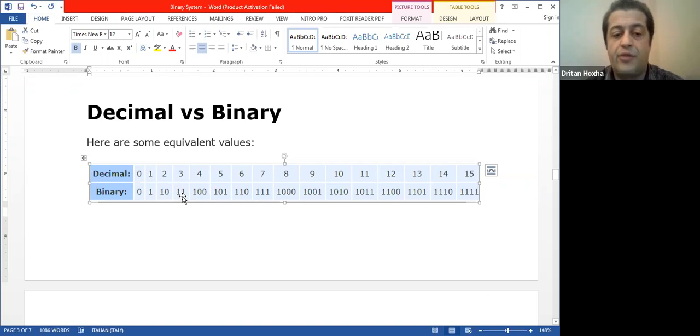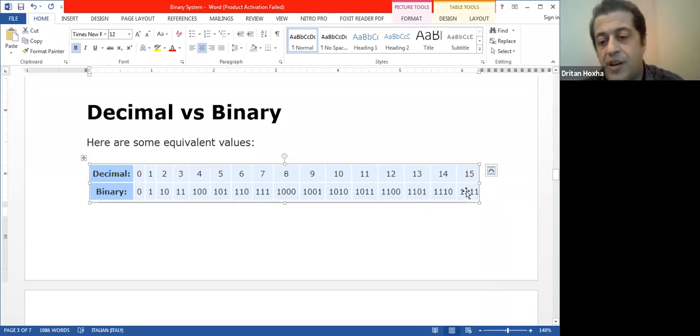The number 3 is 1 1, one unit and 1 two, so 2 plus 1 are 3. The number 4 is 1 0 0, because we have 0 ones, 0 twos and 1 four here. So we write this number like this.